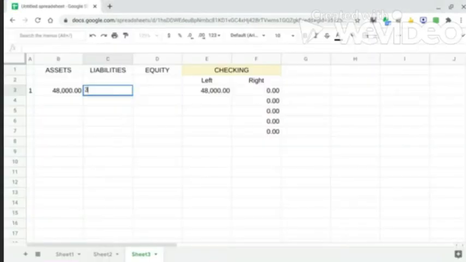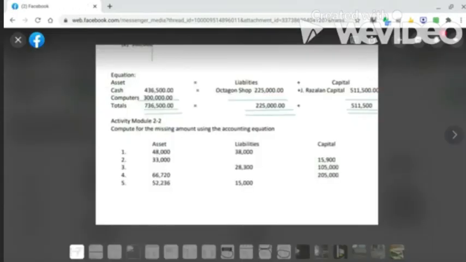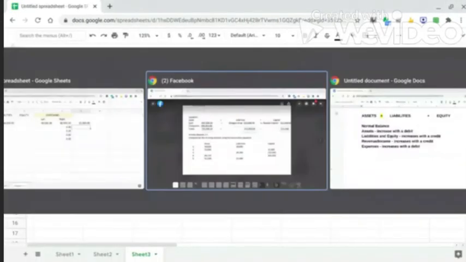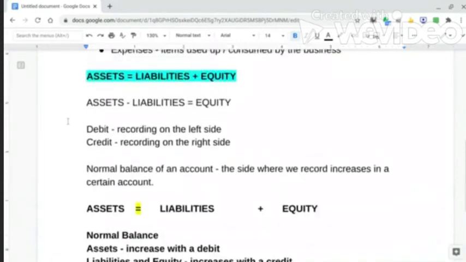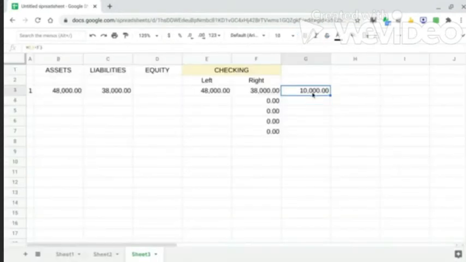To see how much is the difference, let's just subtract the assets minus the liability. If you remember, when we defined equity, that is the residual amount of assets after deducting the liability. So the difference of 10,000 pesos here is the value of our equity. So we're going to put that in the equity.